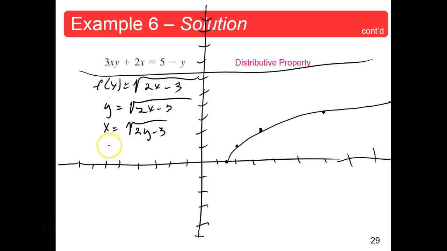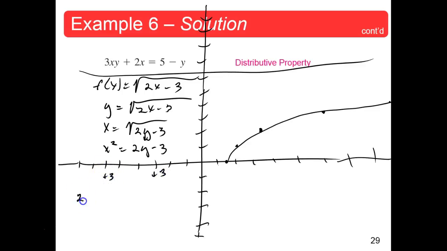Square it, right? So this gives you x squared is equal to 2y minus 3. All right, we're getting close to being able to free that y. What are we going to do next? Isolate the y. Solve for y. Get it by itself. Add 3 to both sides. Okay.